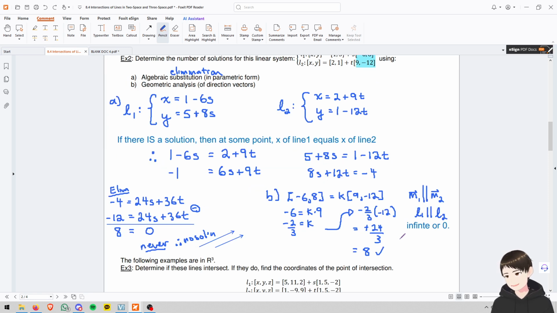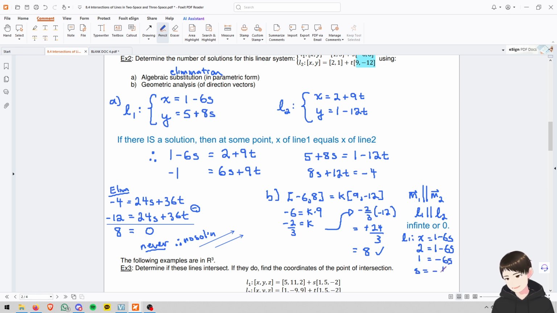I'm going to say, hey, the x value from line 1, my x value is negative 1 minus 6s. Right? If my x is 2, what does s have to be? Let's see. 2 minus 1 on both sides. I have 1 equals negative 6s.